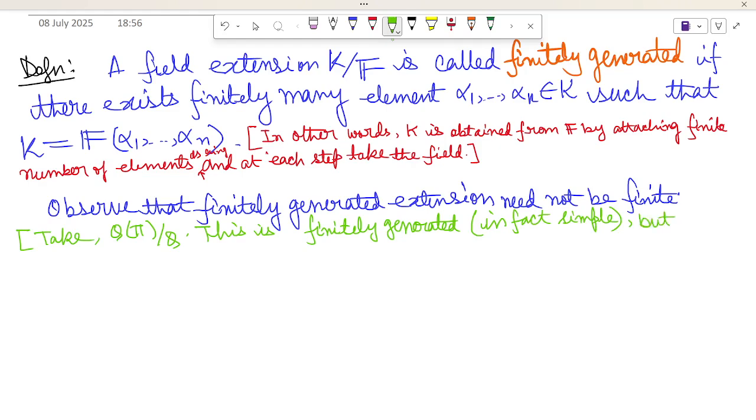But it is not finite, because the vector space dimension is infinite: there will be 1, pi, pi squared, and everything will be there.